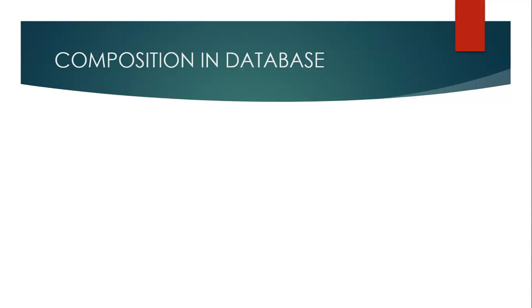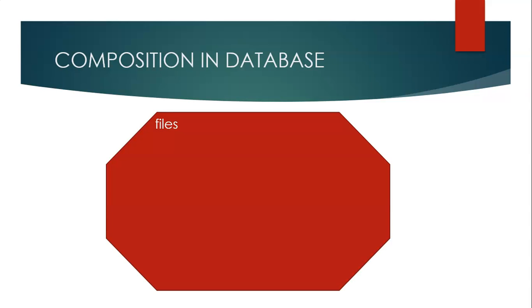So a database will comprise a number of files. For example, files on your employees, files on the training centers, files on customers, files on suppliers, and also files on your inventory.